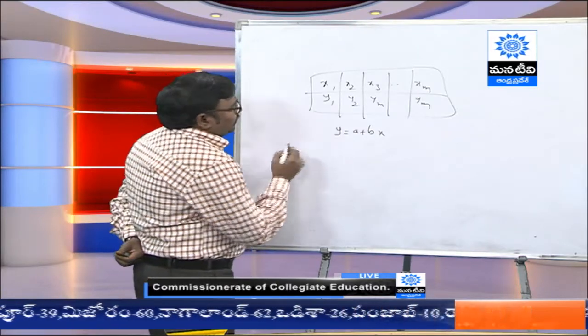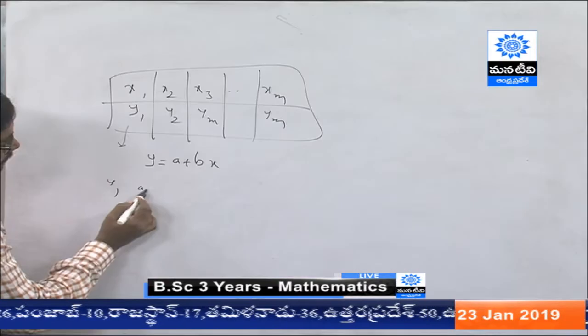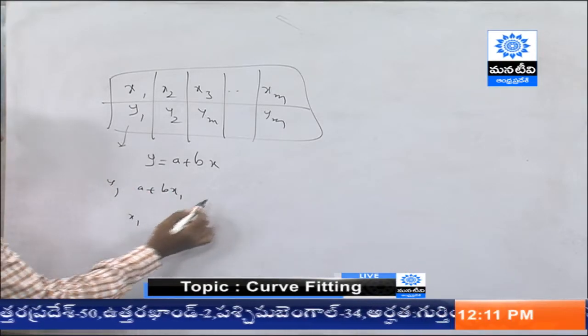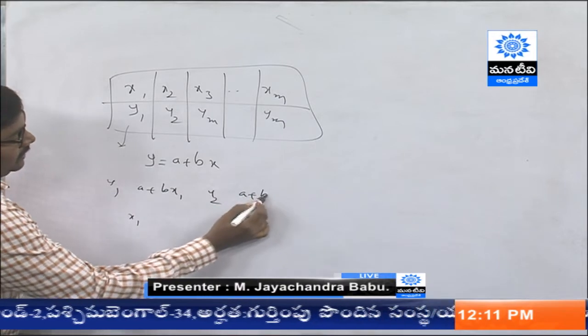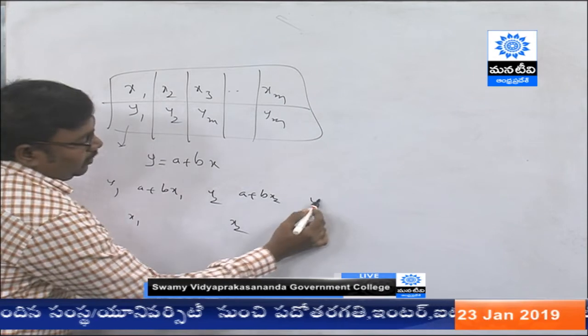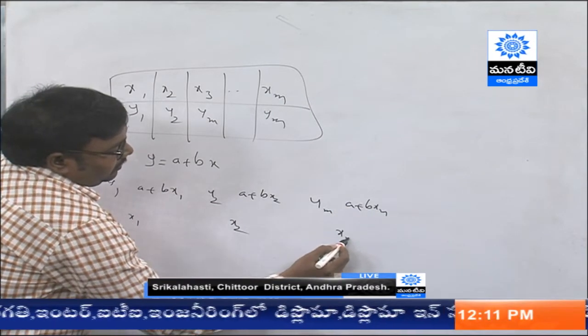So, here the y1 and a plus bx1 both are values corresponding to x1, and y2 and a plus bx2 are the values corresponding to x2, and so on. Ym and a plus bxm are the values corresponding to xm.